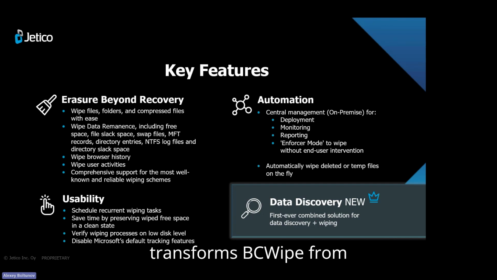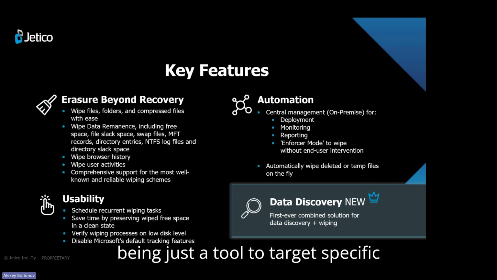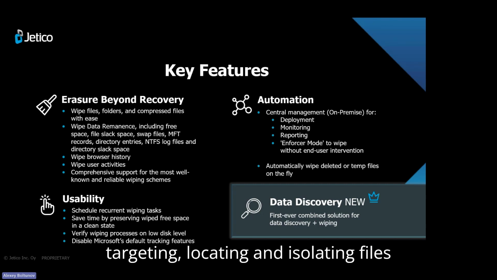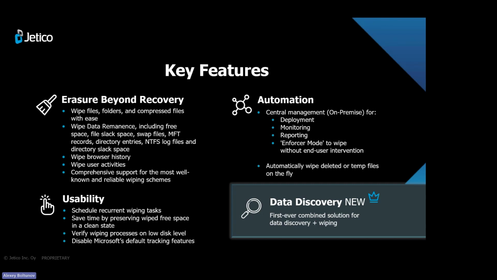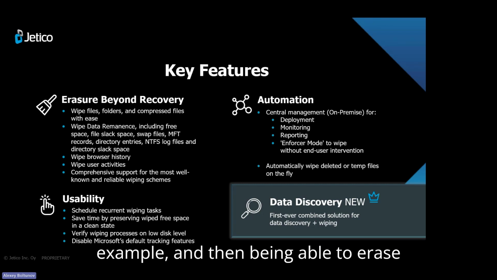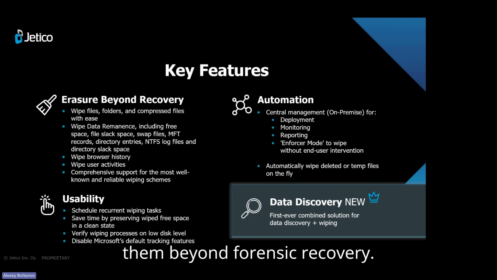This transforms BCWipe from being just a tool to target specific files to being a solution for targeting, locating, and isolating files that have to do with the data spill, for example, and then being able to erase them beyond forensic recovery.